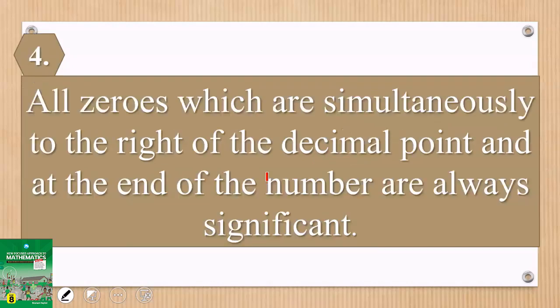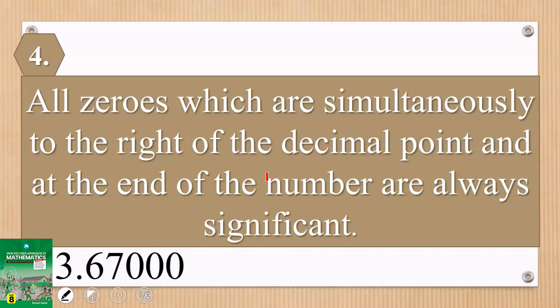Now rule number 5. All zeros which are simultaneously to the right of the decimal point and at the end of the number are always significant. Now look at this. This is amazing.